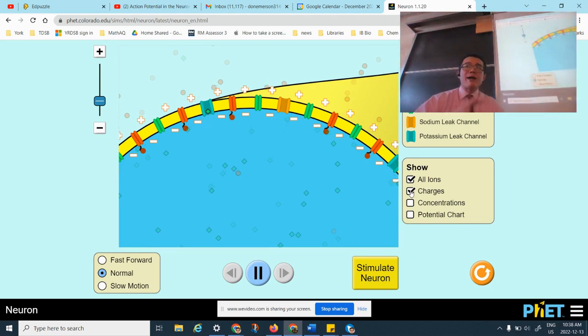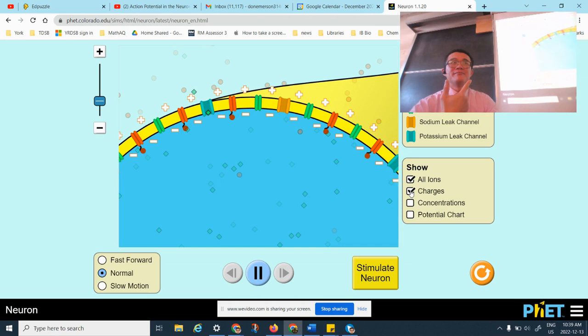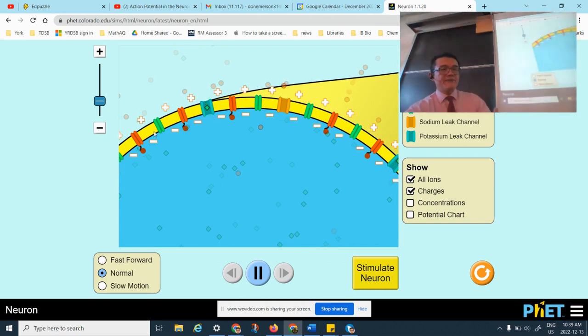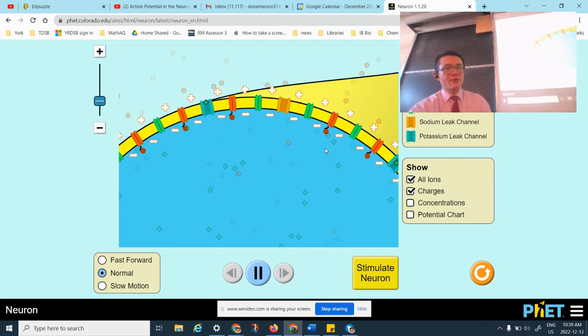When the membrane's at rest, it's ready to fire, but not quite. What's the charge difference between the membrane? Come on, someone say it. Yes. Yep. So it is more positively charged on the outside and more negatively charged on the inside.